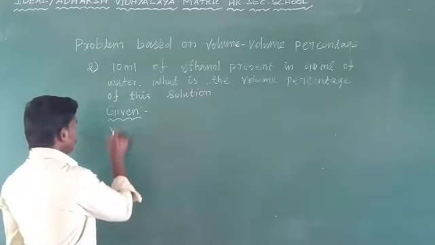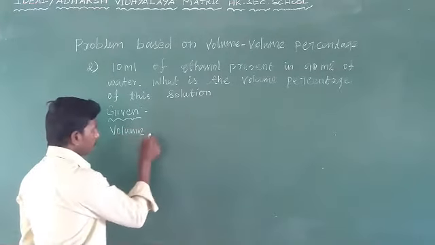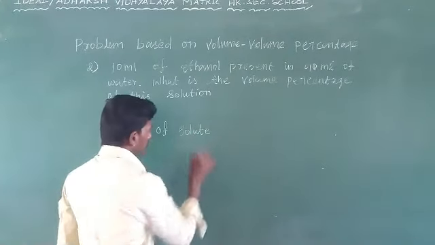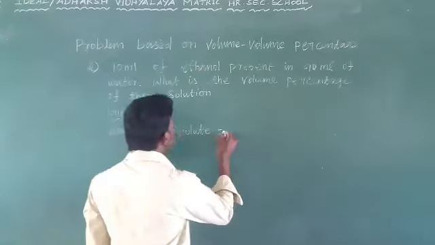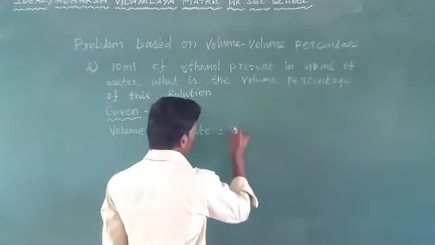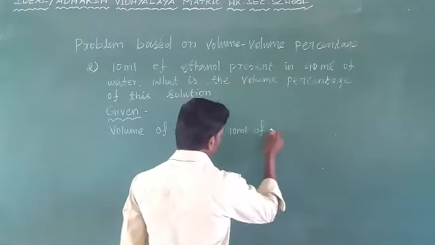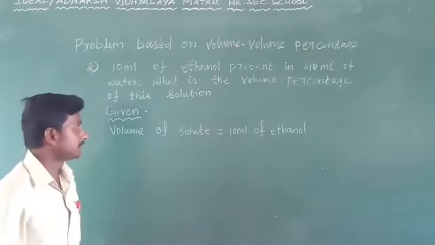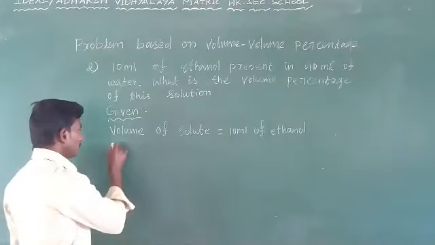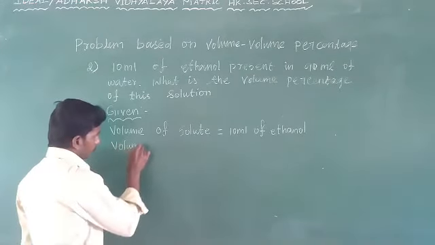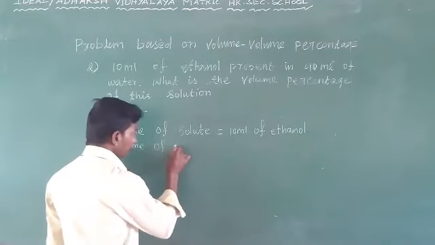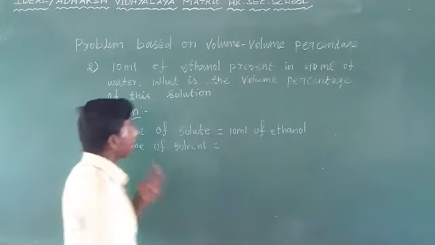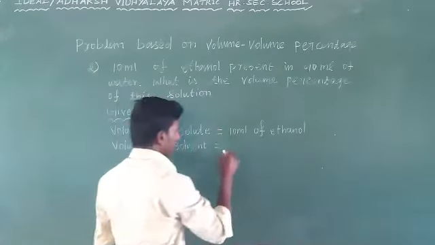So volume of solute is 10 ml of ethanol, and volume of solvent is 90 ml of water.